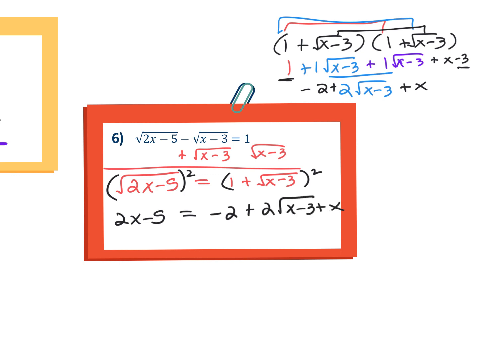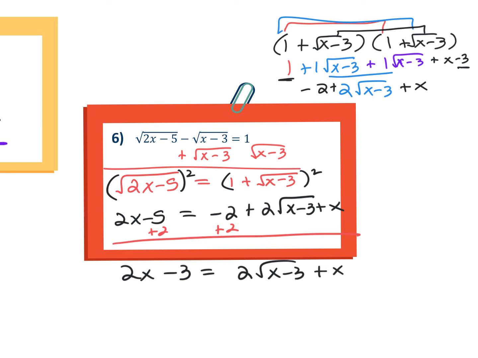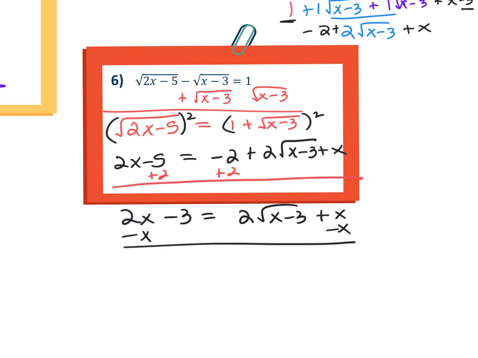And now I need to isolate this radical here. So I'm going to go ahead and add 2. And then I'm left with 2x minus 3 equals 2 times the square root of x minus 3. Then I can move my x. And now I'm left with x minus 3 is equal to 2 times the square root of x minus 3.